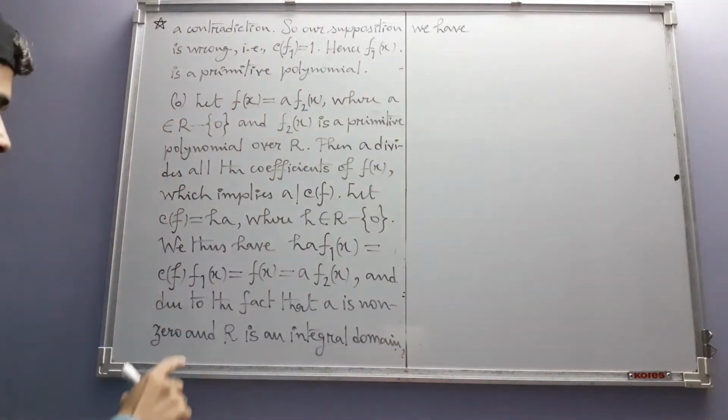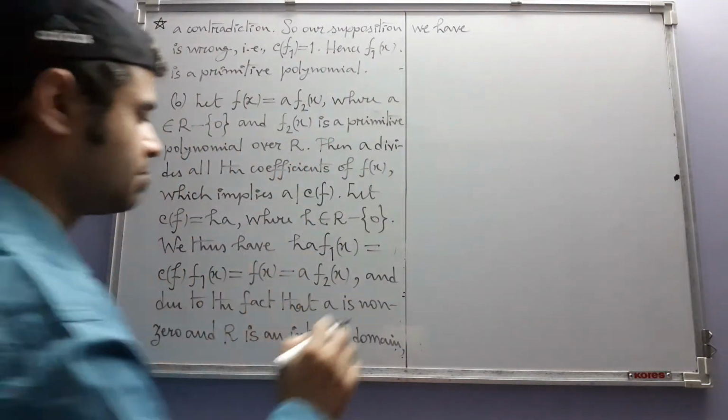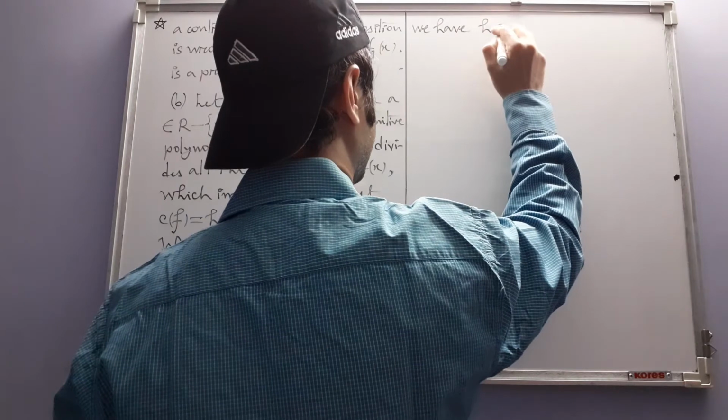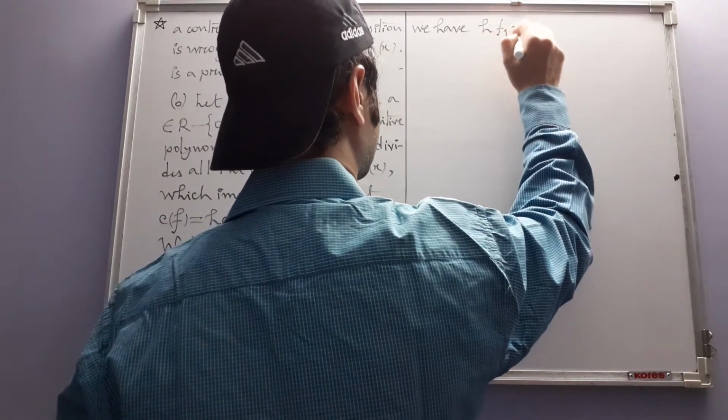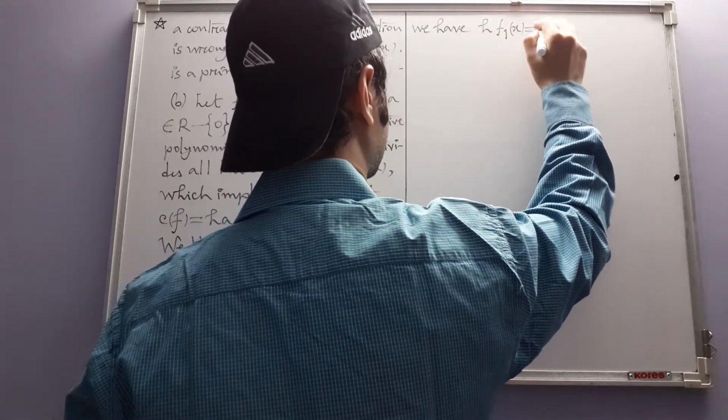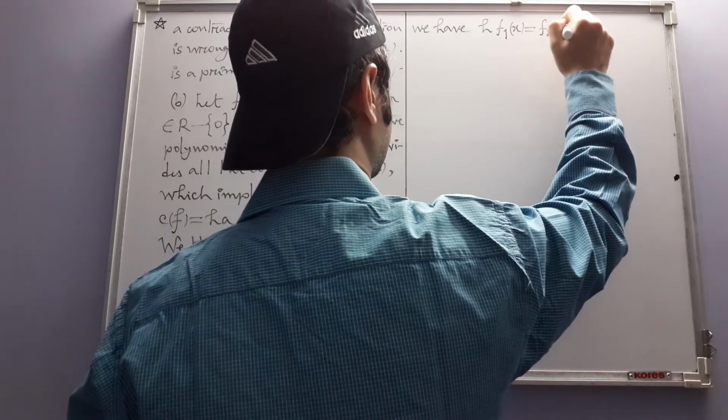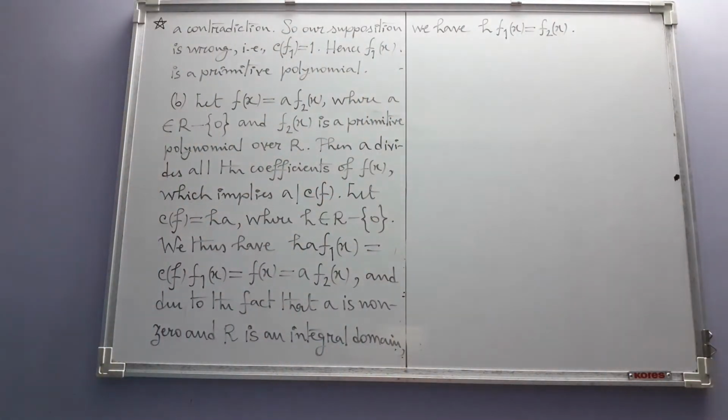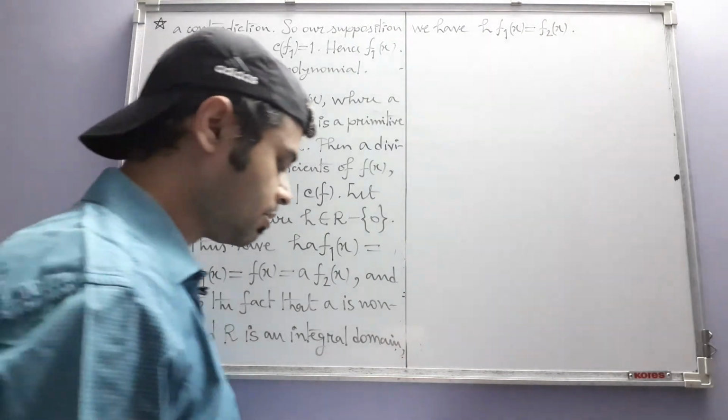So if we cancel A from both sides, we will have this H f1(x) equal to f2(x). So we are ending up with this equation.